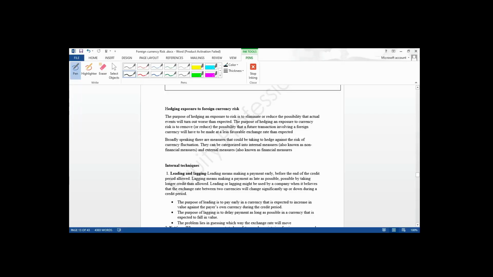To lead means making payment early, before the end of the credit period allowed. While lagging means making payment as late as possible, possibly by taking longer credit than allowed.